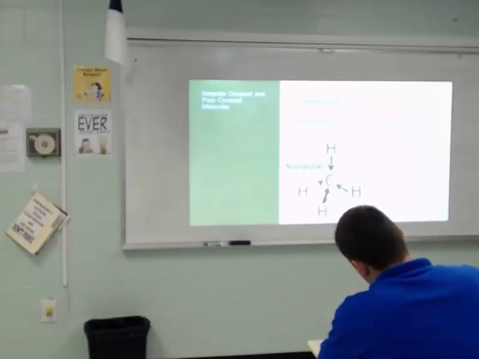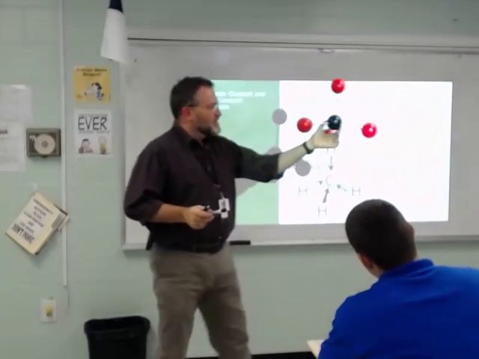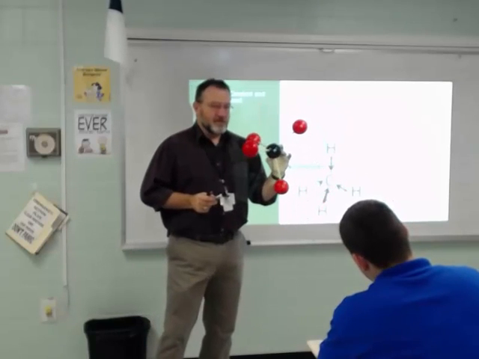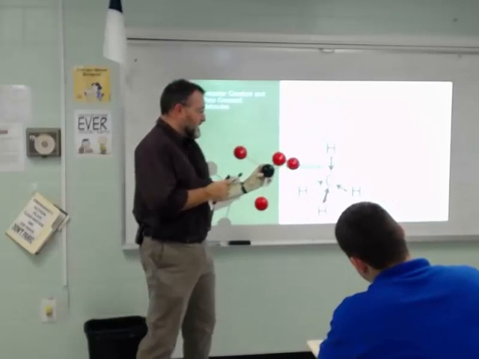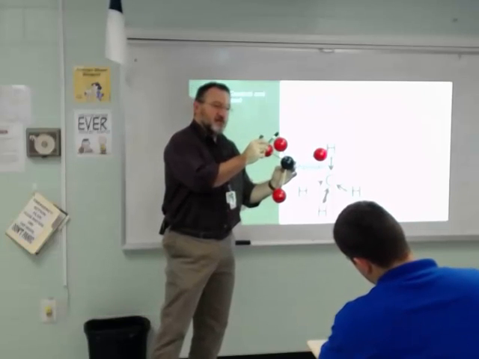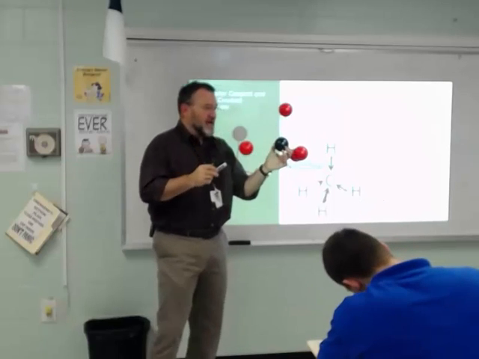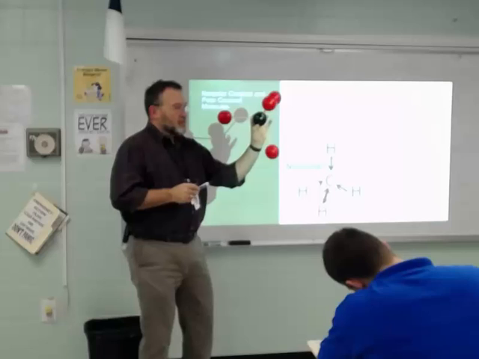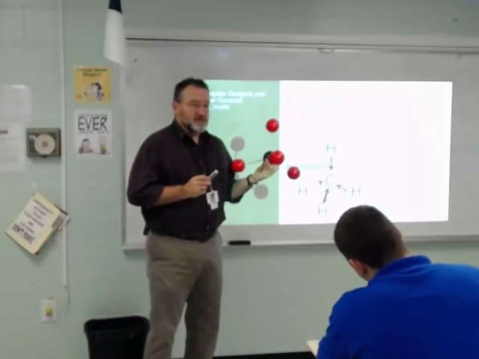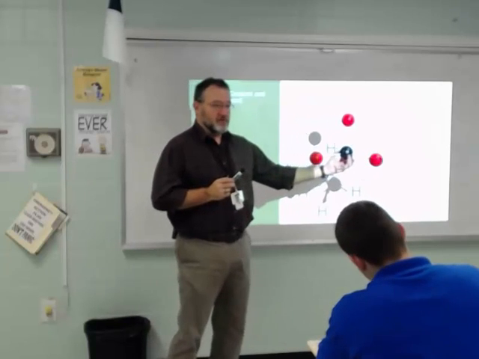It has a central carbon, and carbon tends to be the center, so I made it black. In this case, the hydrogens are the red. They each have polarity, making them tend to be partial positive, and the center being partial negative in each individual bond, and yet overall, because they're perfectly symmetrically placed, it is going to be a nonpolar molecule.